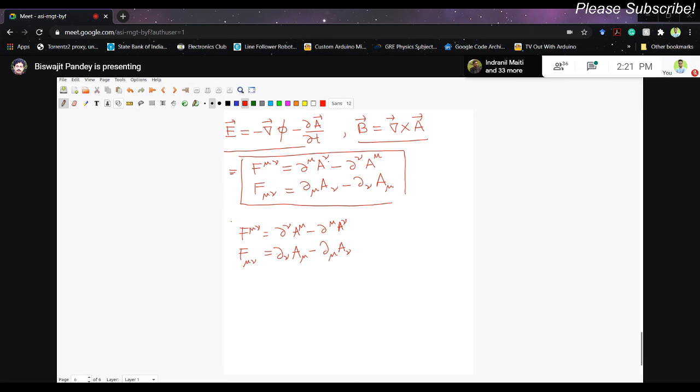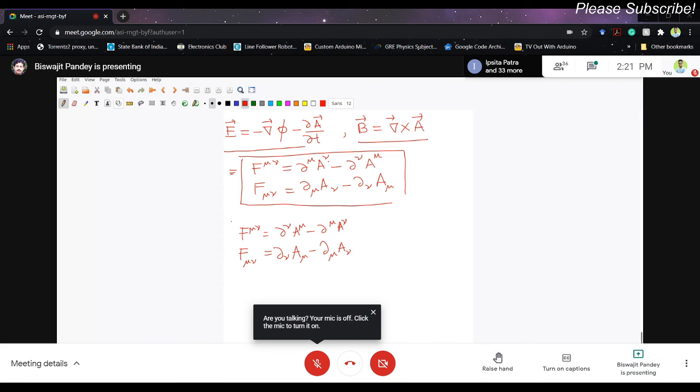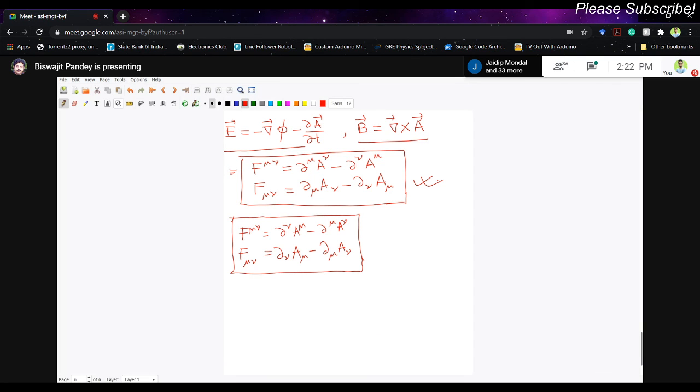It doesn't matter, it's up to you. I'm not prescribing any particular notation. I will stick to this one. That's my choice, your choice could be different. But as long as you are obtaining the correct result, I have no problem with that. But if you mess things up by choosing one notation and then the other notation, then of course the things will not be correct, right? So be careful about this fact.